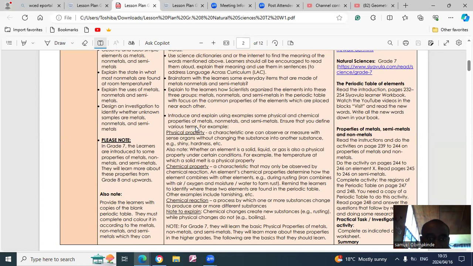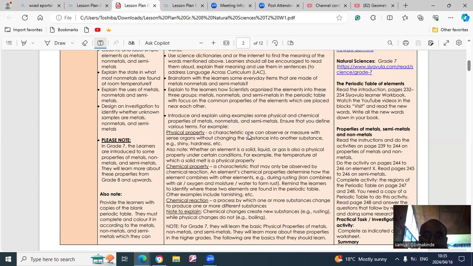So we look at the physical properties of the element, right? Remember, the elements are grouped into three categories. The first category is metals, then the second category is non-metals, and the third category is semi-metals, right? So we will look at the physical characteristic. So what is a physical characteristic?